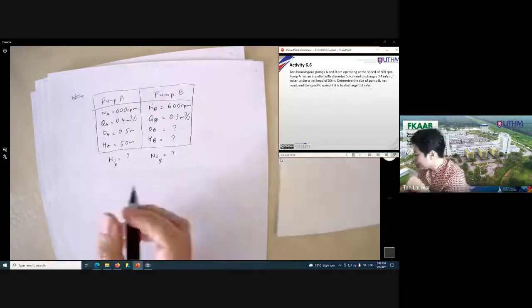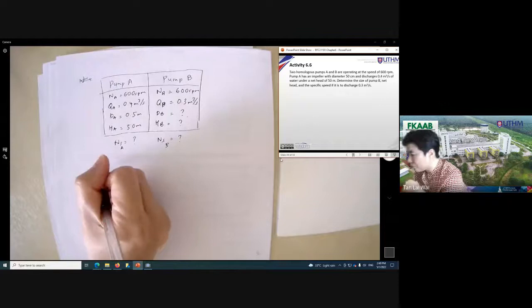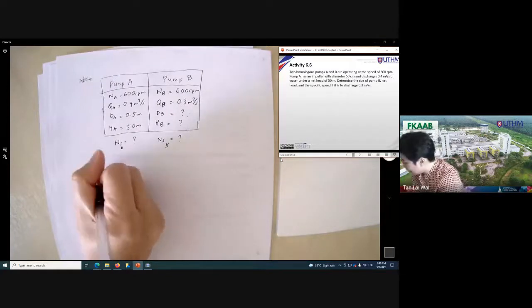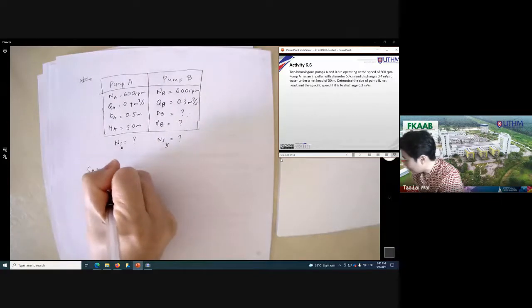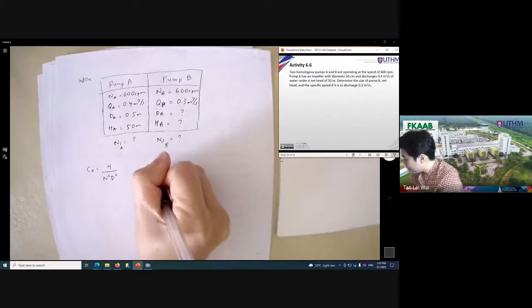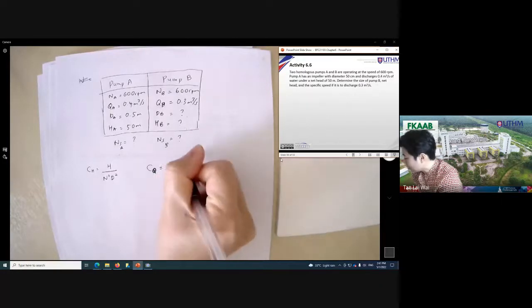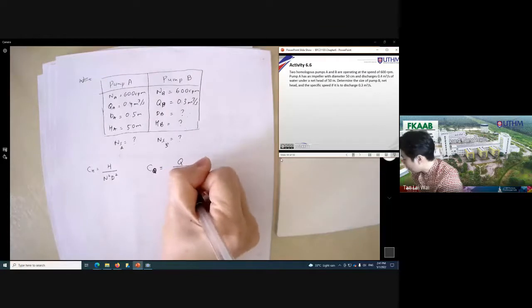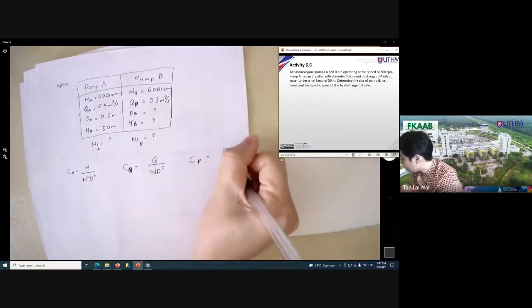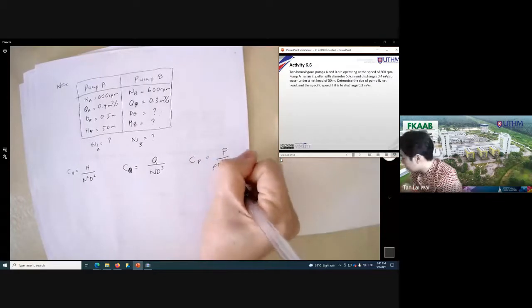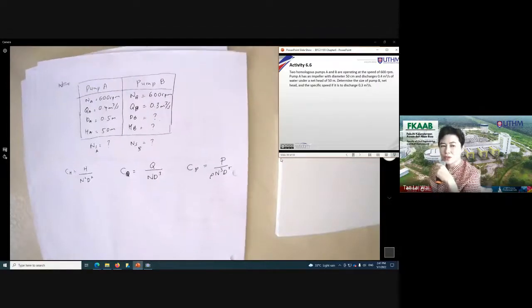Now, let's look at our similitude law. I have the law for head, which is CH equal to H over N squared D squared. I have the law for discharge, which is Q over N D cubed. And I have the law for power, which is... Now, let me ask you a question.